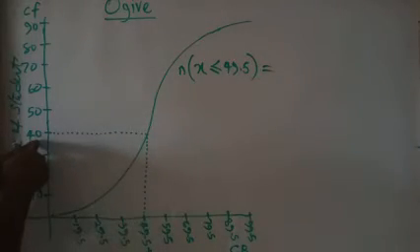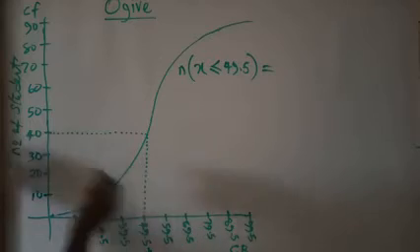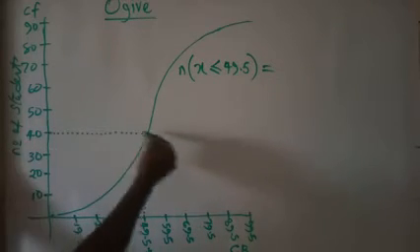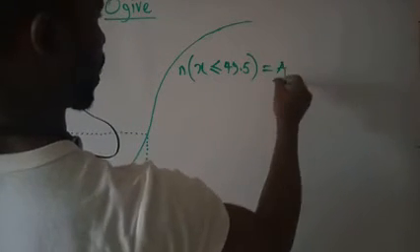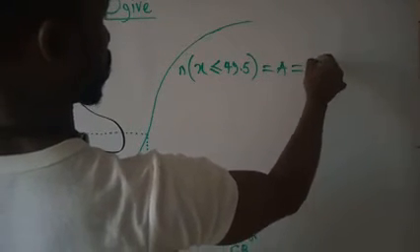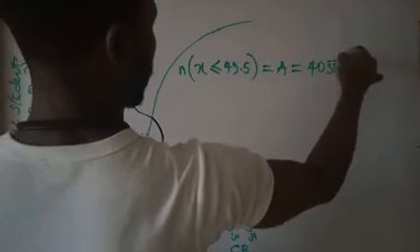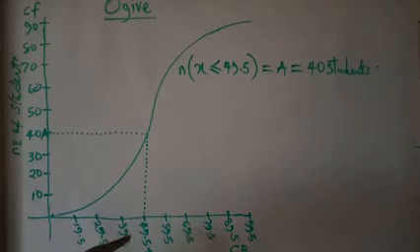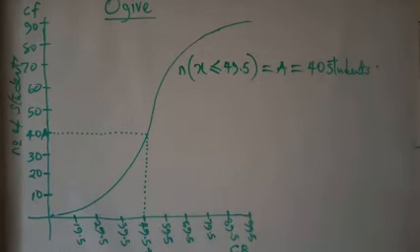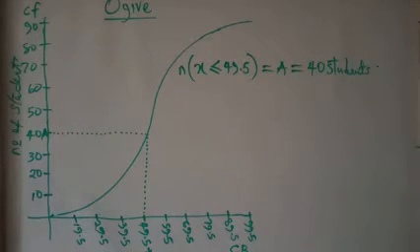Oftentimes we like to use a symbol, so let me call this one A. So A is equal to 40 students. 40 students scored at most 49.5. Put your finger, it is at most.